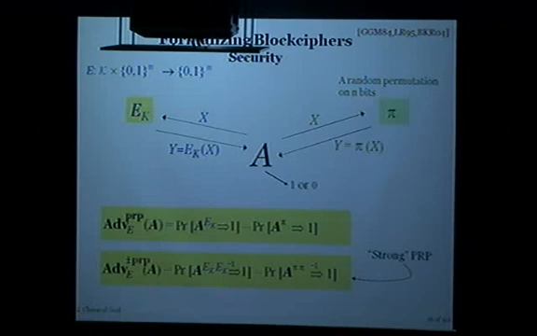When I say the inverse of one of these, I mean for each key k, we take the inverse of the corresponding permutation. The adversary is either given the encryption and decryption oracle with a random key k chosen at the beginning of the experiment, or instead we choose a random permutation pi at the beginning of the experiment, also from n bits to n bits, and we give our adversary the forward and backward direction of that uniformly chosen permutation.